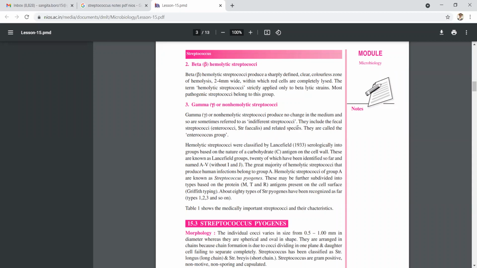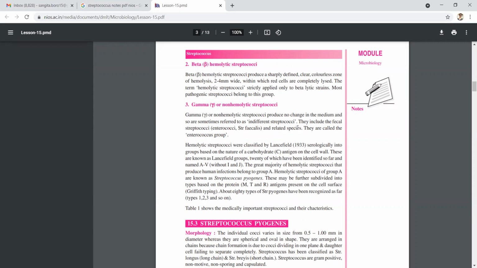These hemolytic streptococci were classified by Lancefield. A person called Lancefield helped in the classification of hemolytic streptococci in the year 1933, serologically into groups based on the nature of a carbohydrate antigen on the cell wall. Based on the nature of those carbohydrate antigens, these groups were formed.